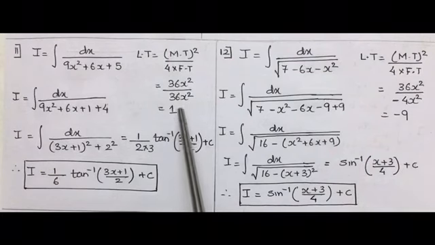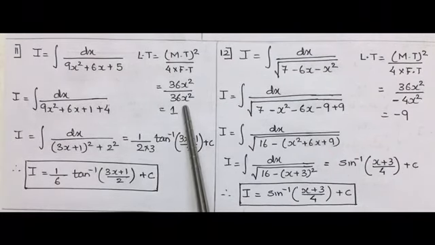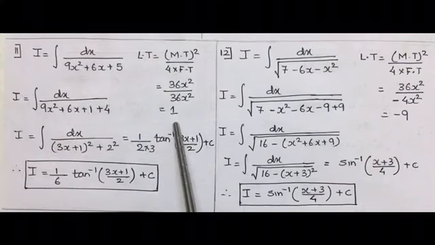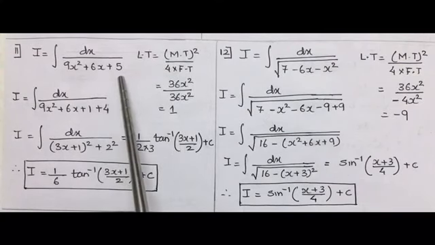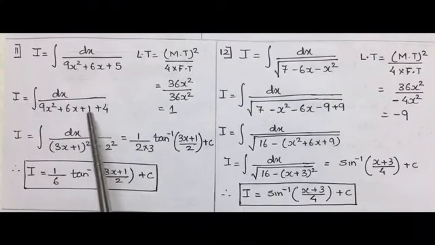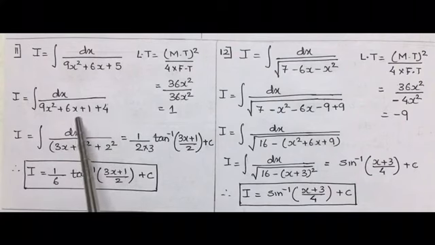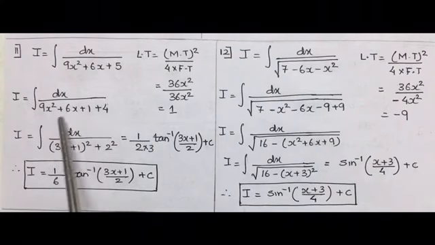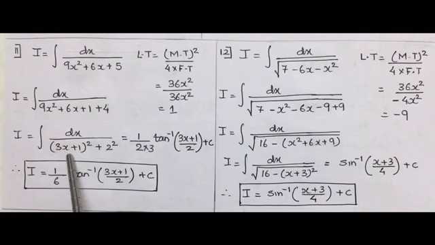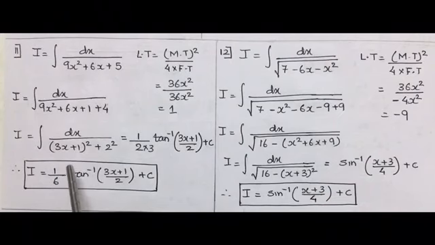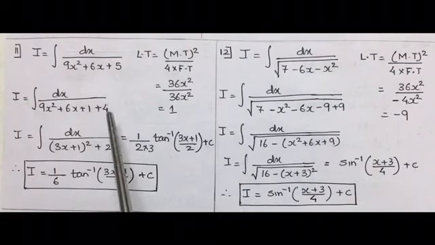So 9 into 4 will make it 36x square. Cancellation gives 1. So 5 is adjusted in the form of 1 plus 4, so that the first 3 terms are a perfect square of 3x plus 1 whole square, and 4 is written as 2 square.